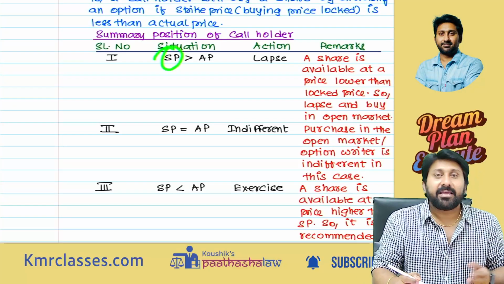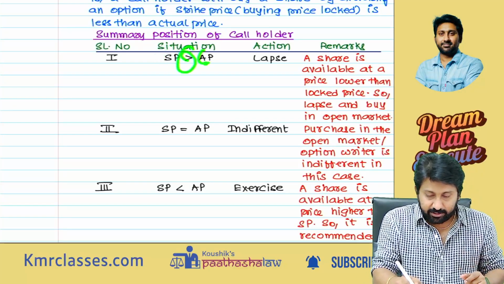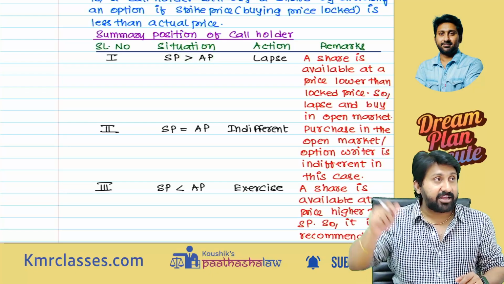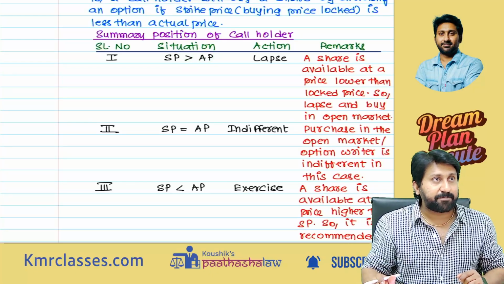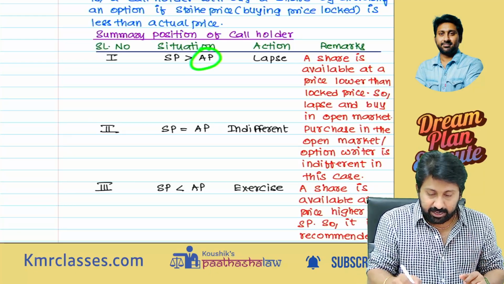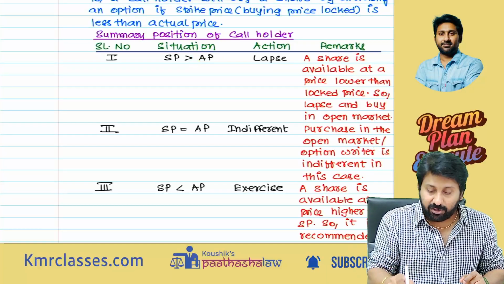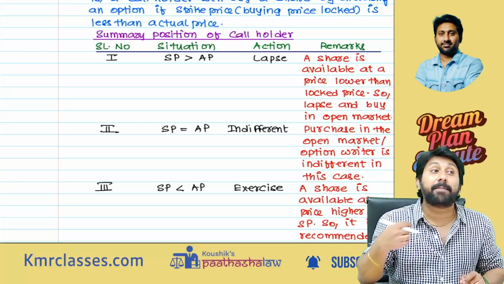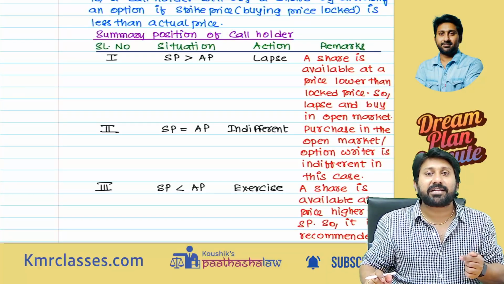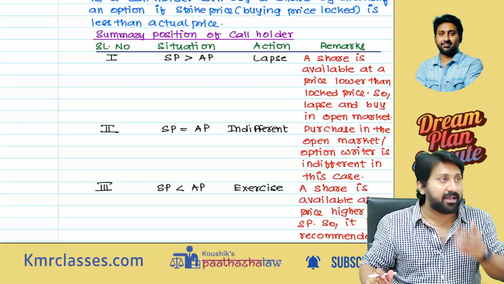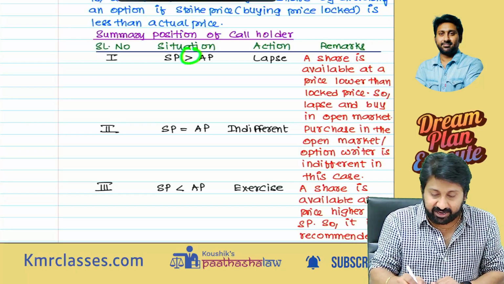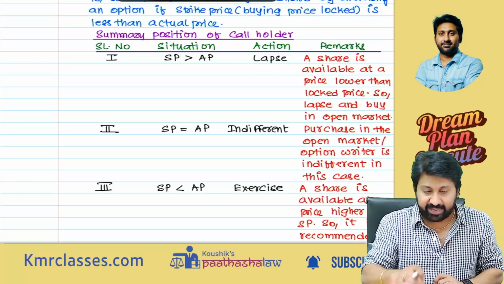See, if SP, my price, is higher than actual price, means what? SP is a price with me. AP is a price in the market. Call holder will buy the share. So always I should say buying price should be lower. So SP should be lower, but here it is higher. Therefore we will lapse it.